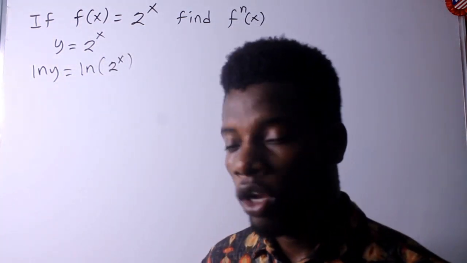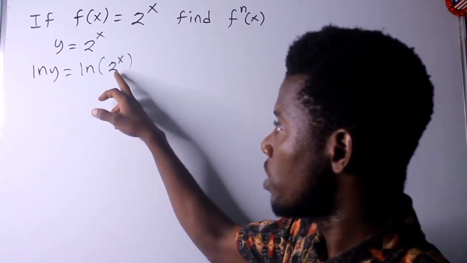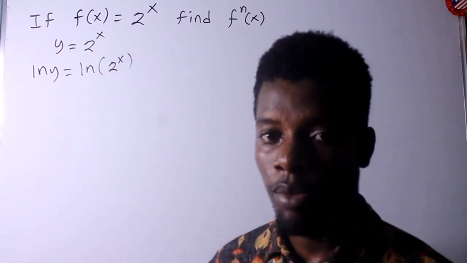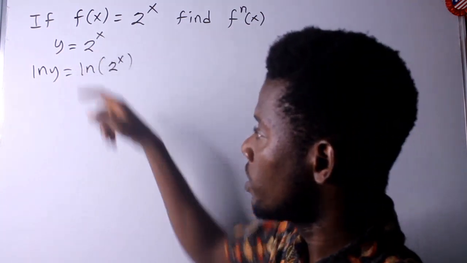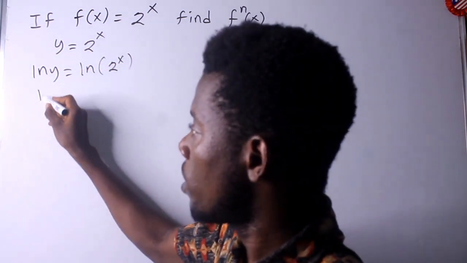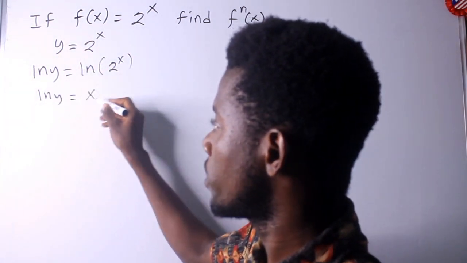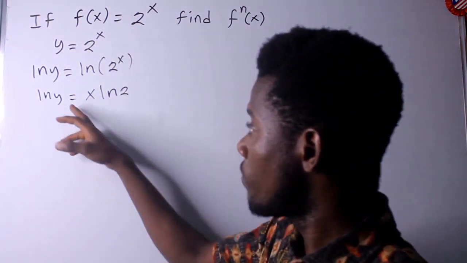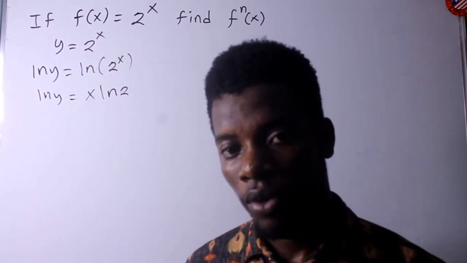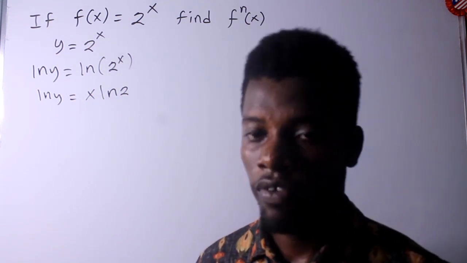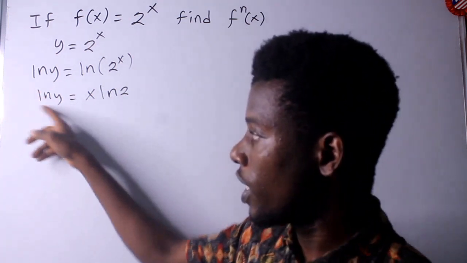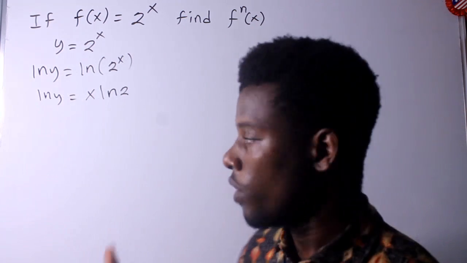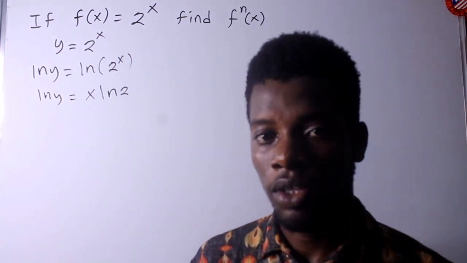According to one of the rules of logarithm, if you have a power of the argument, that power goes in front of the logarithm. So here you have ln of y is equal to x ln of 2. Now once we have this, we can differentiate each side with respect to each of the variables. We differentiate this side with respect to y, and this side with respect to x.